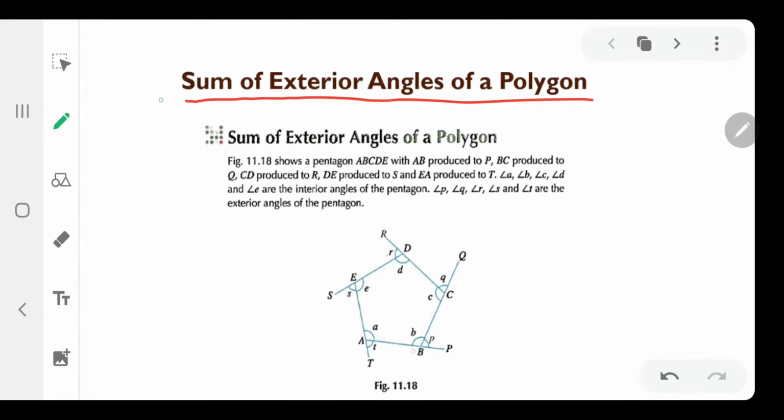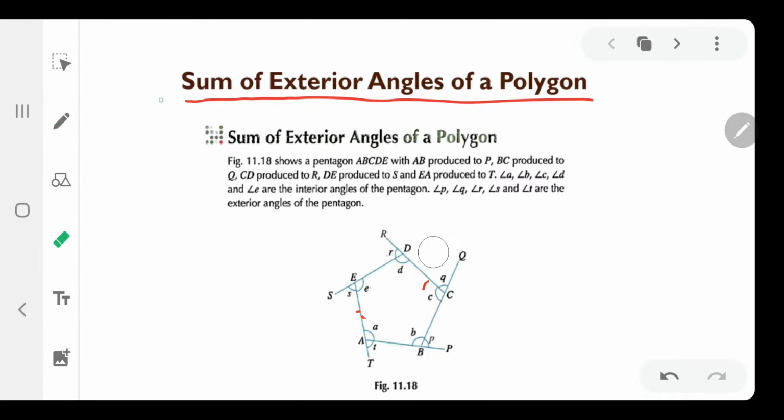All angles inside the polygon we call interior angles. So angle A is an interior angle, angle B, angle C, angle D, and angle E are interior angles. All these 5 angles are interior angles.